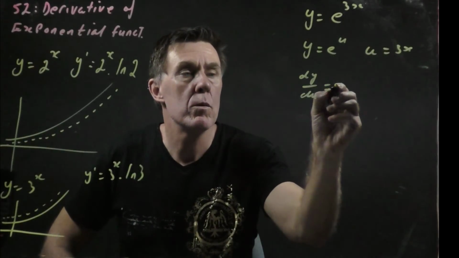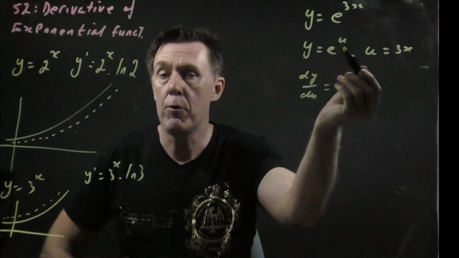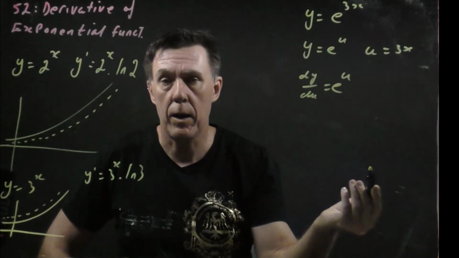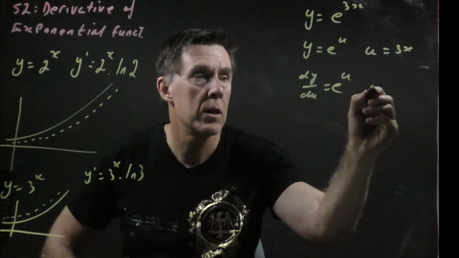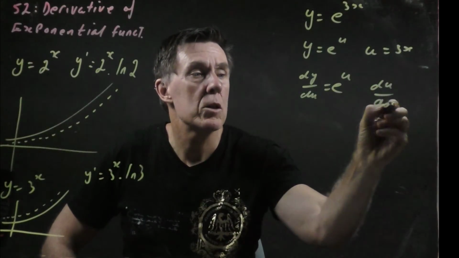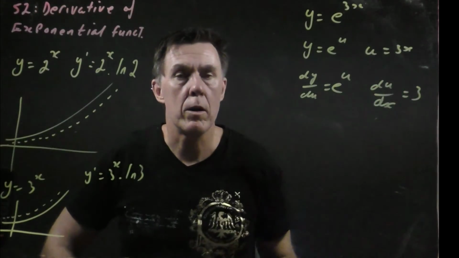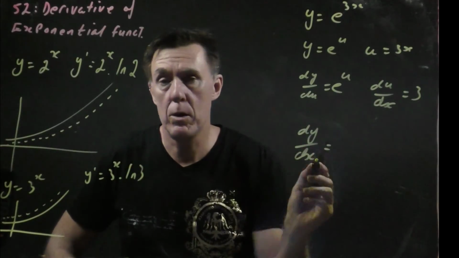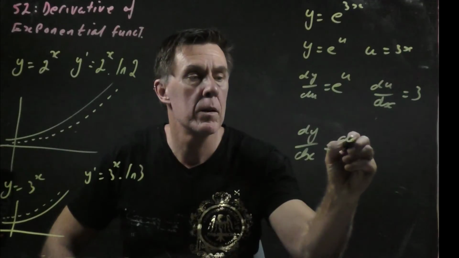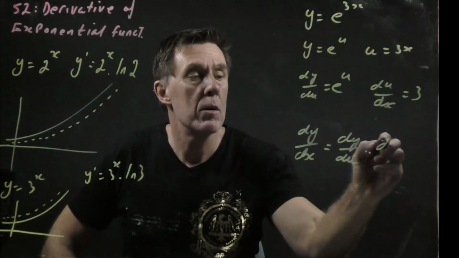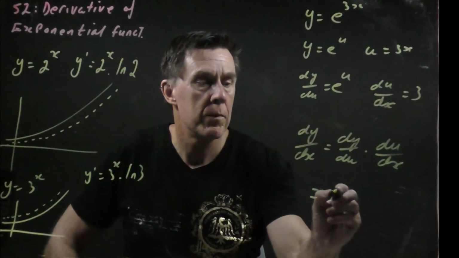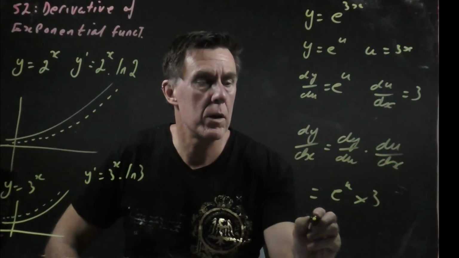dy du, well, we know that e differentiates to give itself, so e to the u differentiates to give e to the u. Nothing's going to change. du dx will be 3. So the differential of the original function in terms of x will be dy du times du dx, excuse me, e to the u times by 3.